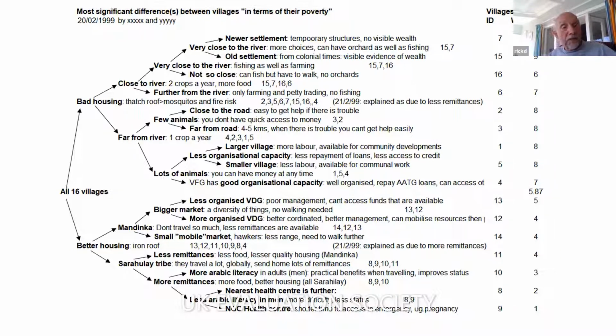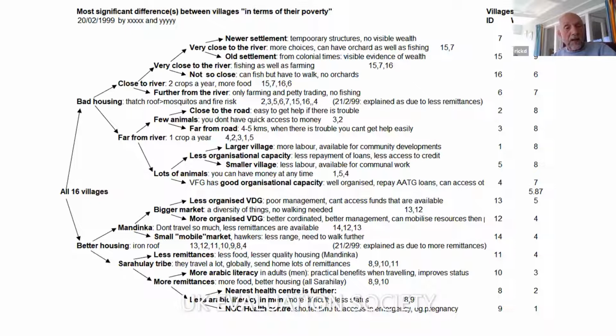And so his answer with the bad housing was that thatch roofs have two problems. One, they are home to mosquitoes, and secondly, there's a real fire risk with them. Whereas with an iron roof, you don't have either of those problems. So you'll notice that with each of those two piles, I then asked him to split them into two subsidiary groups.